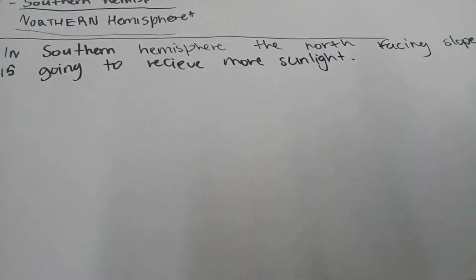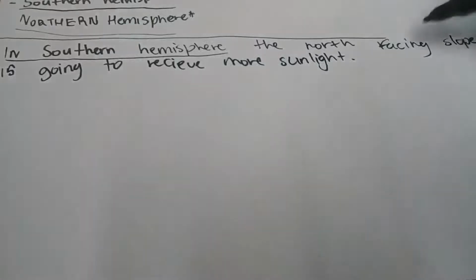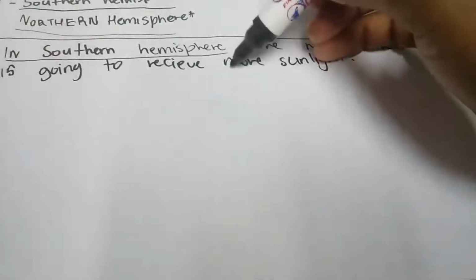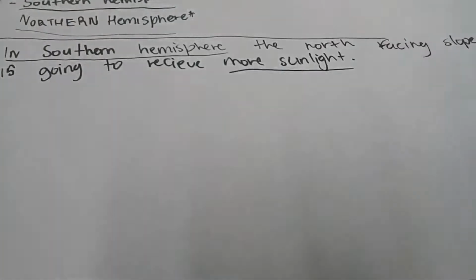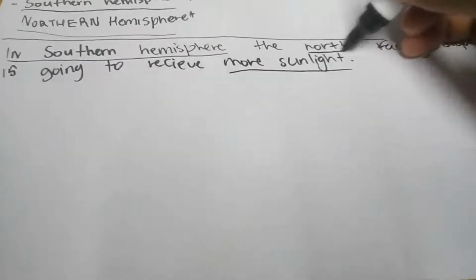In southern hemisphere, yes, the north facing slope is going to receive more sunlight. Then it's an opposite in northern hemisphere.